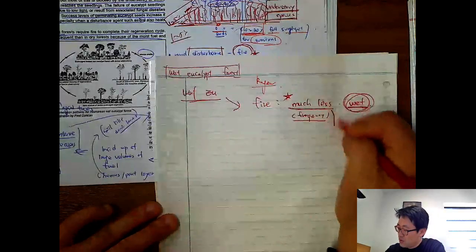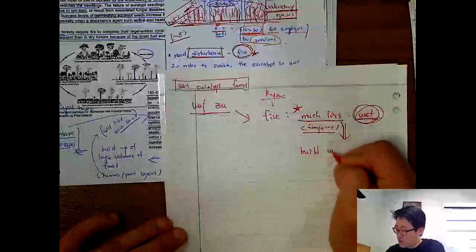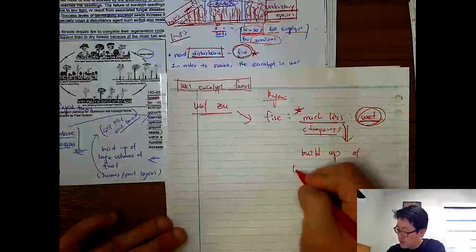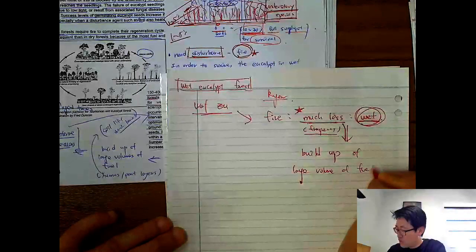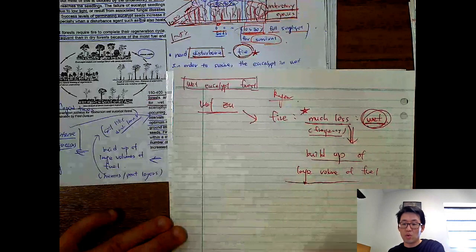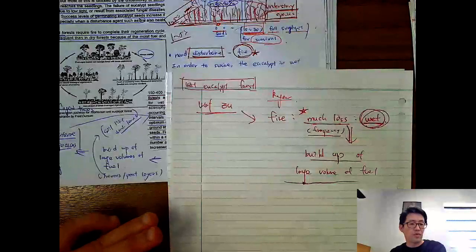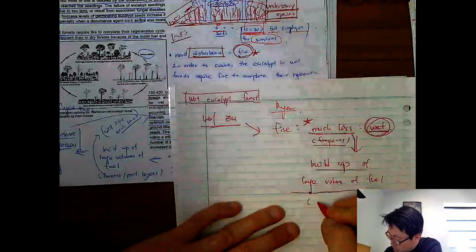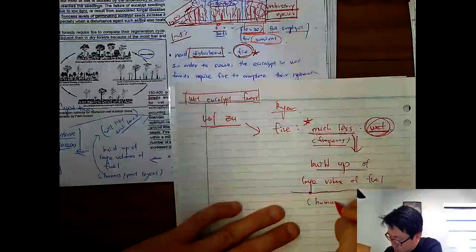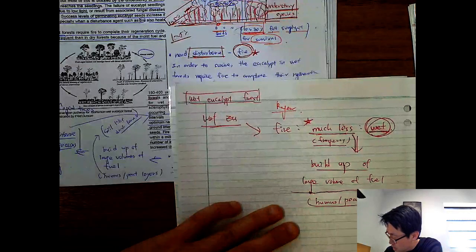Therefore, much less fire, which means they start to build up a large volume of fuel, which means more trees there, because the frequency of the fire is less, so the fuel is building up. Also, the leaves go down. They start to build up humus and peats. Layers are important.